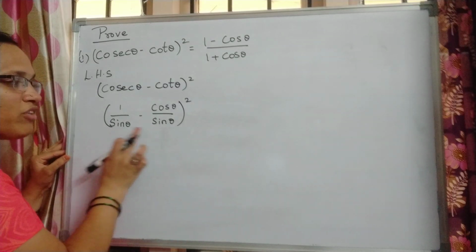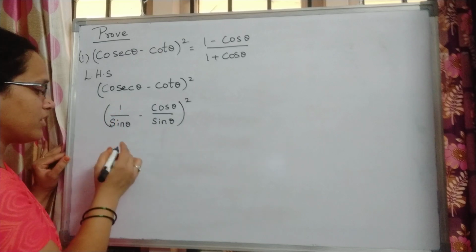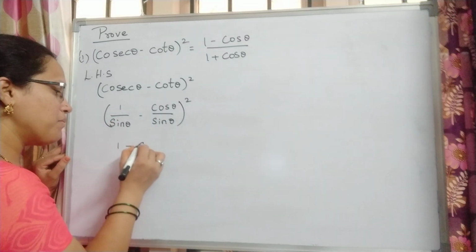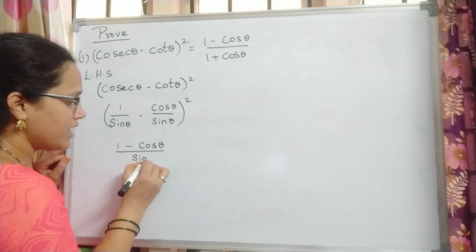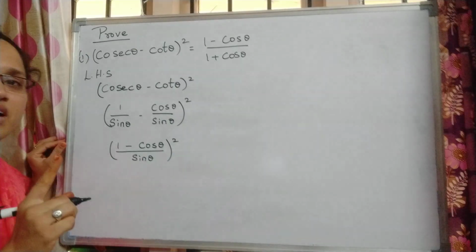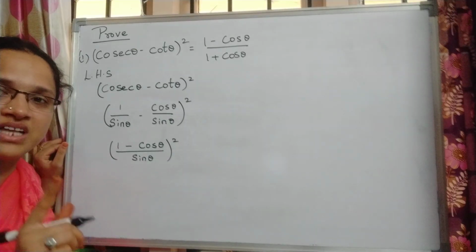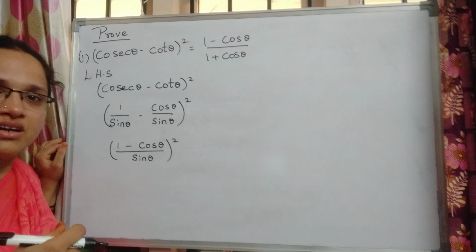Now see, you have a common denominator here. That means I will write (1 minus cos theta) by sine theta under the same denominator, whole square. Now, if there is a square for a fraction, it means the square belongs to the numerator as well as the denominator.